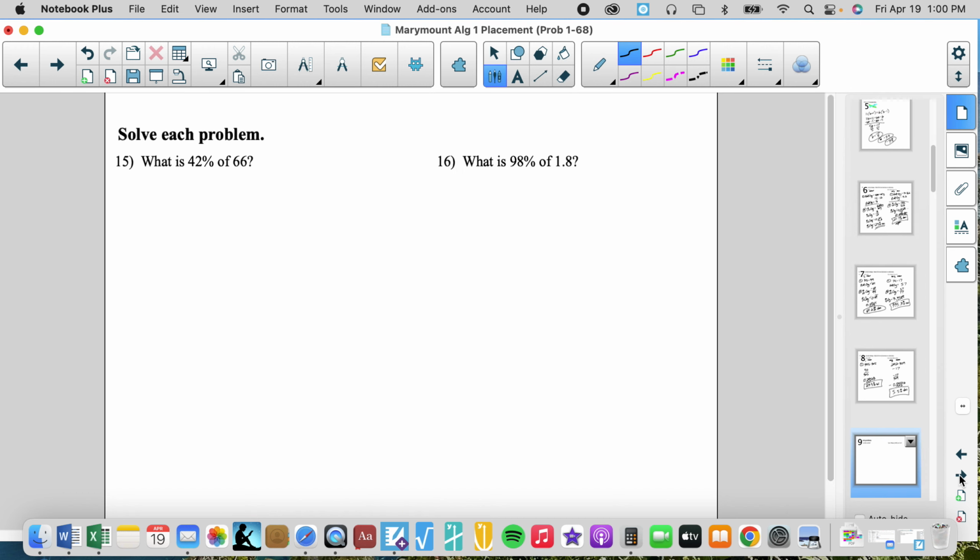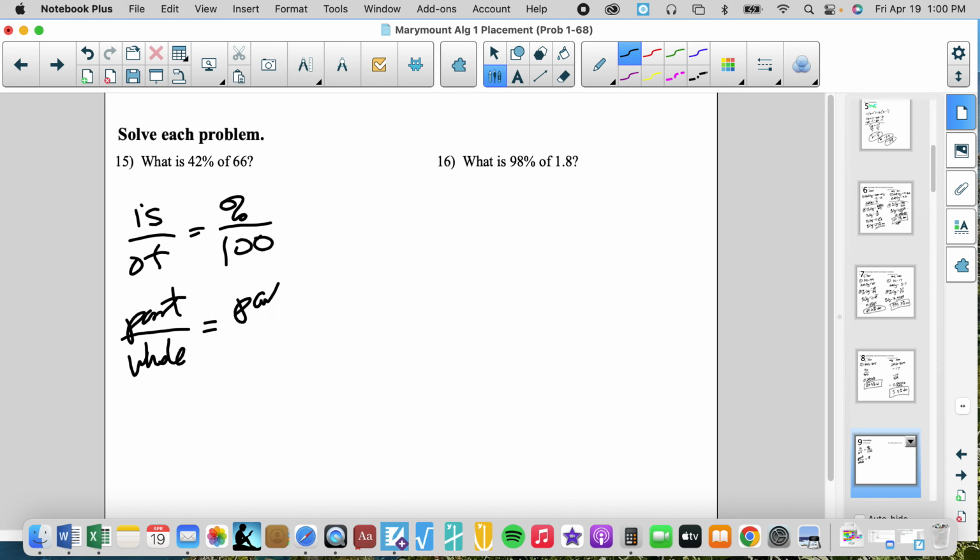There's a number of different ways that this can be taught. I always love the is over of equals percent over 100. We have the part over the whole should always be equal to the part over the whole of the other relationship. So we know that 100% would be the whole, and then the percent would be the part, and then of 66.